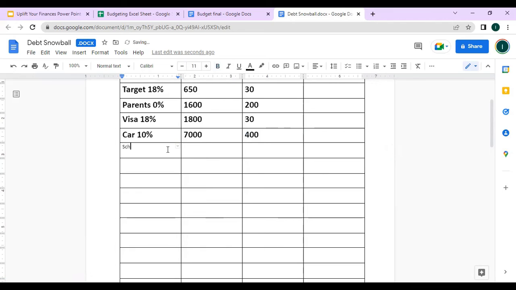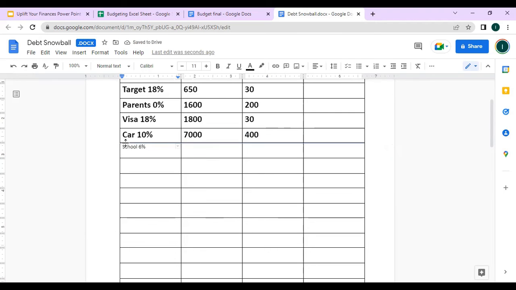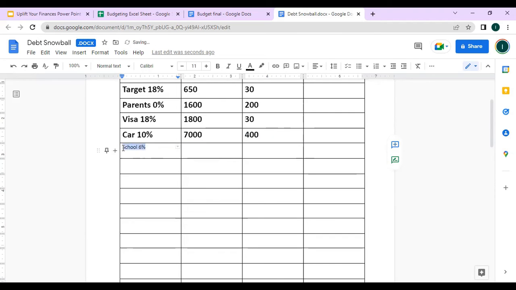And this person also has school loans, paying 6% interest. It was $90,000, and they're sending a $200 minimum payment.